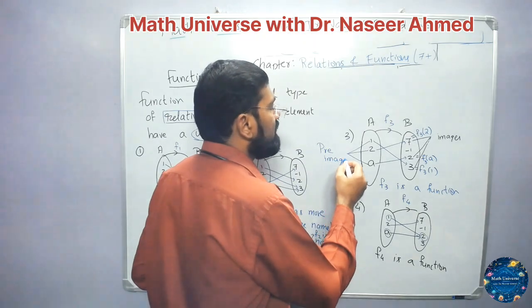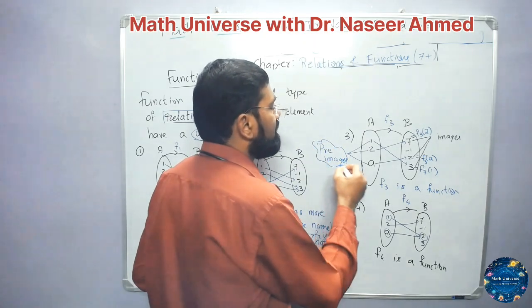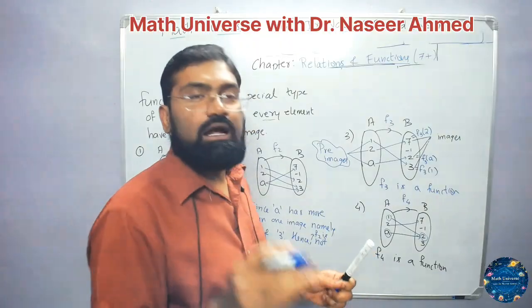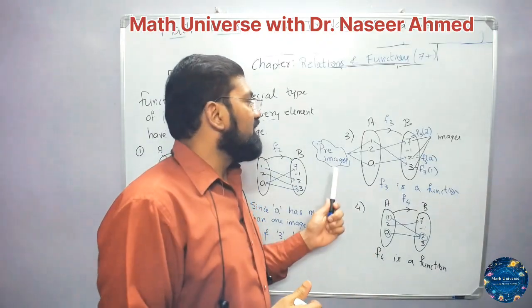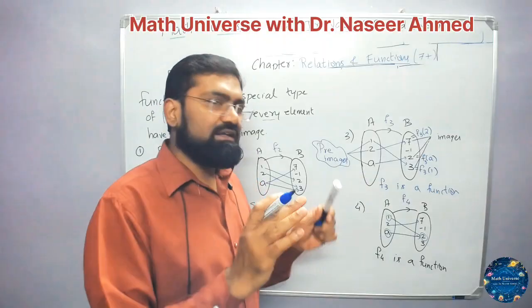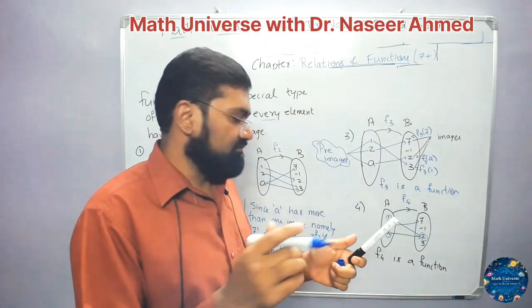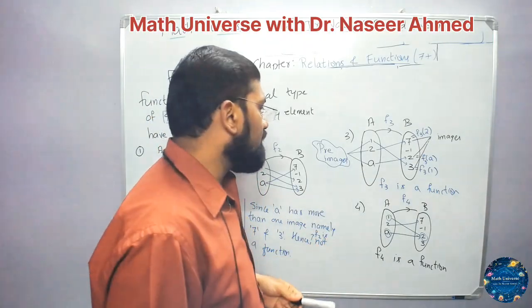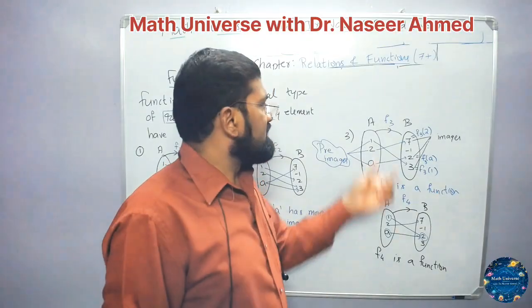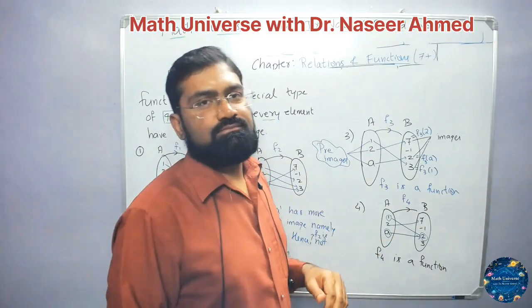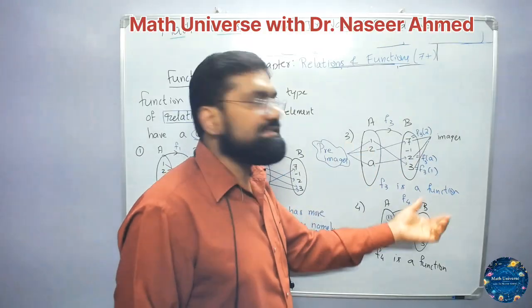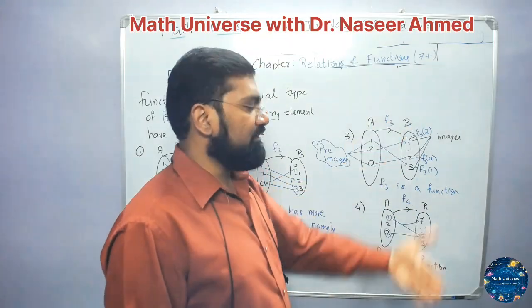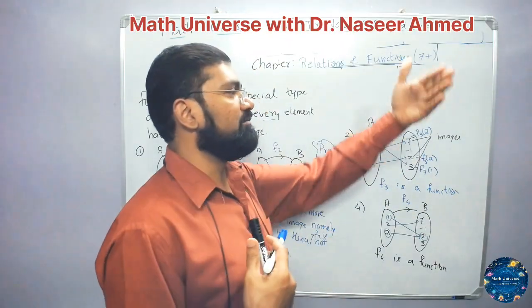Now as soon as I have given this terminology of pre-images, the majority of students always get confused about which is pre-image and which is image. For that, let me give you one simple idea. For a while, assume that set A is yourself. You represent set A. Set B is the mirror.